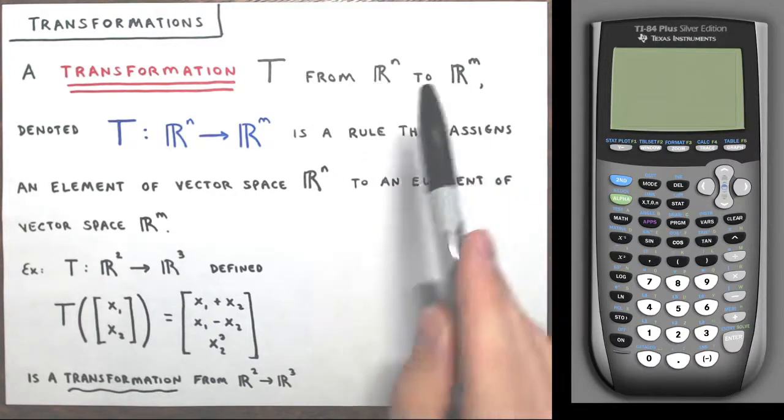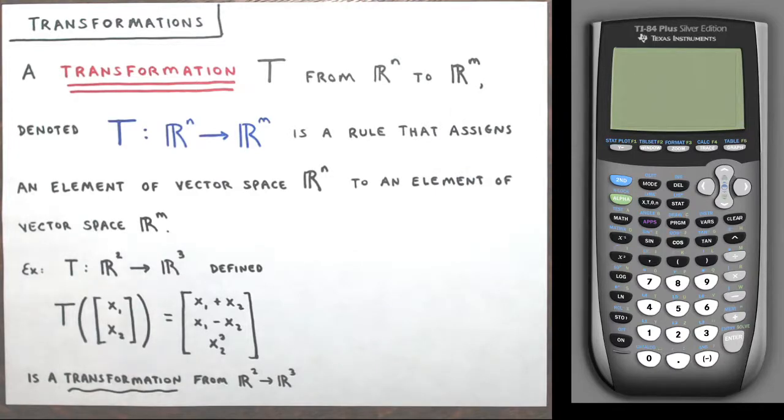So we're going from Euclidean space to Euclidean space in this video. In a future video, I will talk about transformations from general vector spaces, say from vector space V to W, and all the terminology will be very similar. We'll be going more general. But for right now, we're going from a Euclidean space Rn to another Euclidean space Rm.